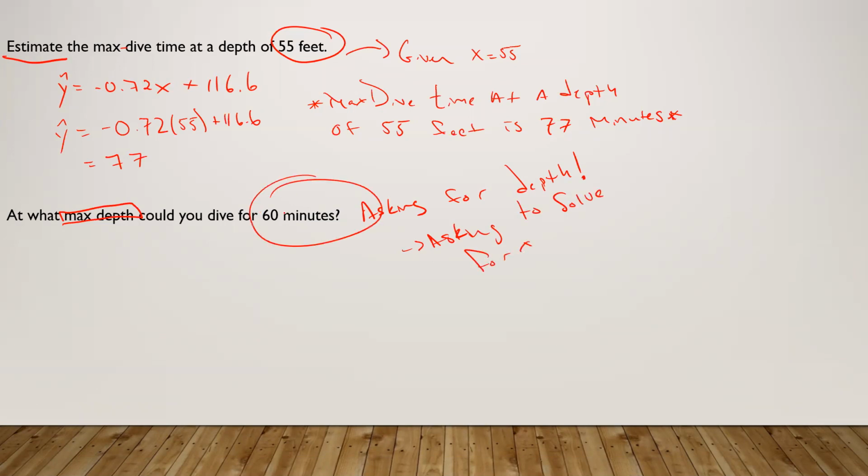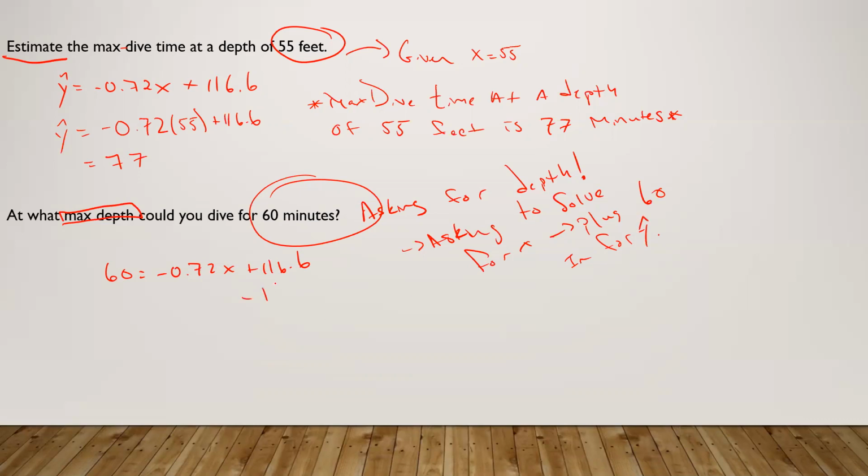To do that, I have to give you y, and I do. I give you the dive time of 60 minutes. So you're going to plug 60 in for y. My y hat here is going to get replaced by 60, and you just have to solve this linear equation here.